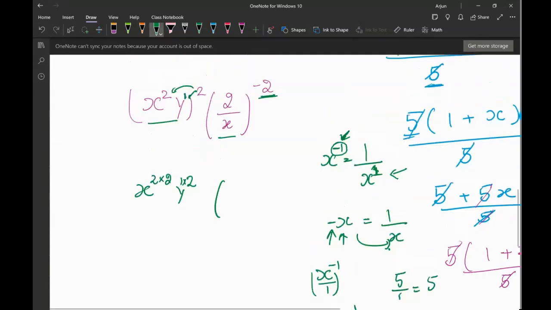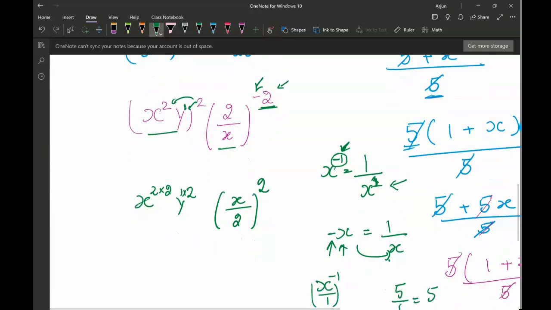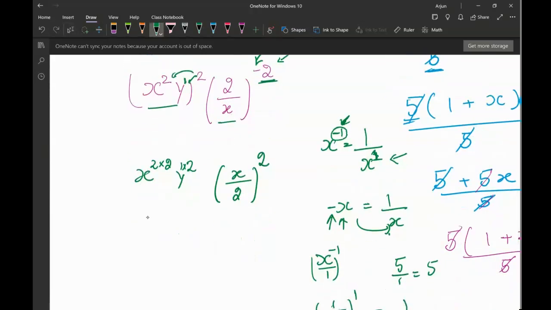So same process I'm going to apply on this one. This is negative 2, so I'll write it x upon 2, and this will become positive. Okay, so negative means you will flip the terms within the bracket. Now this will become x raised to the power 4, y raised to the power 2, and this will become x square upon 4.